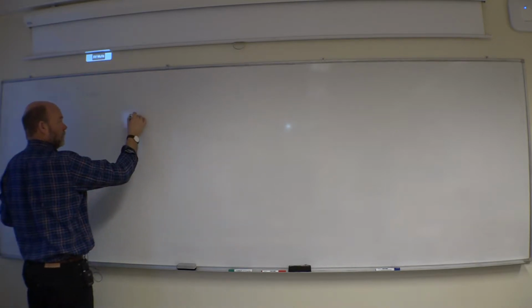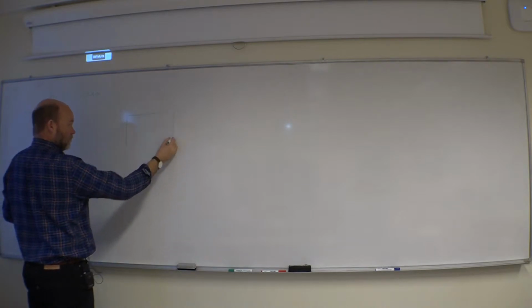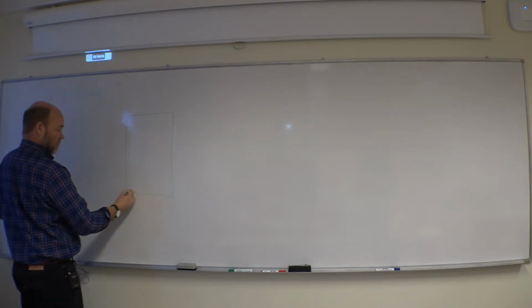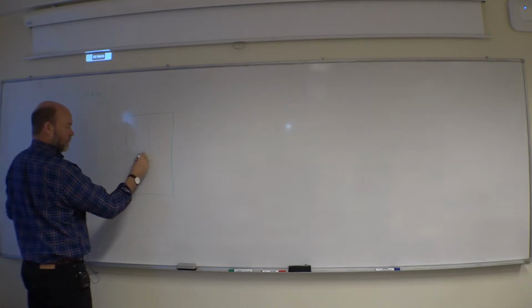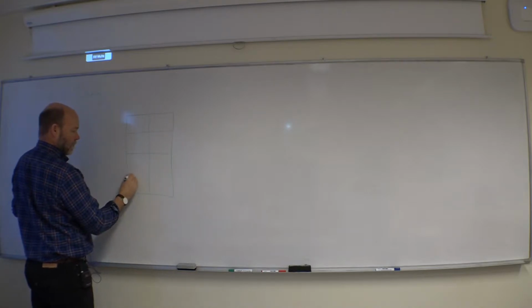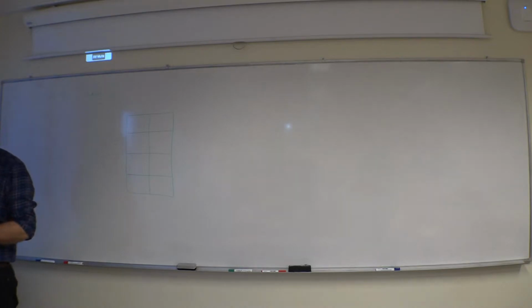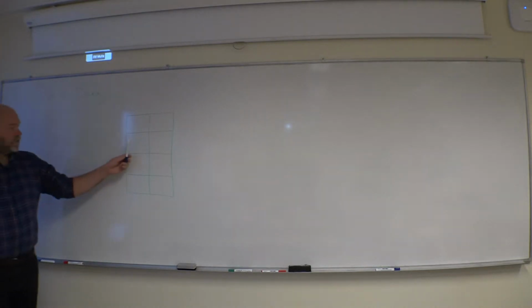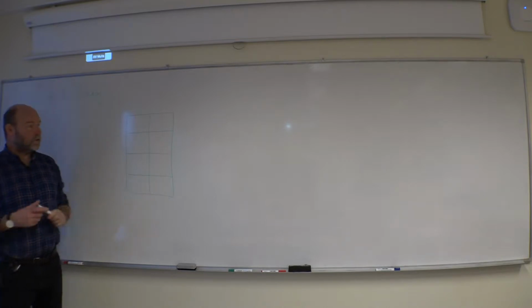So here you have the block, and it was 2 by 4 cells. The minimum block size has to be 2 because you're using the velocities inside the block as boundary conditions.